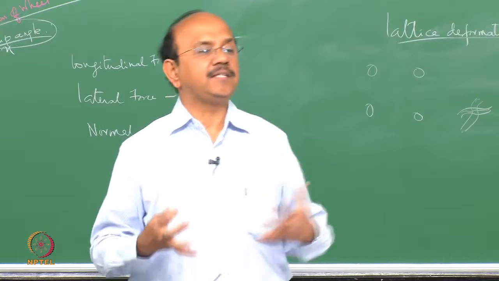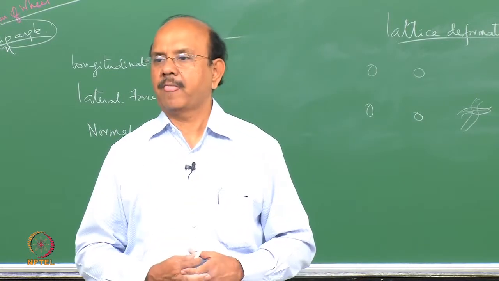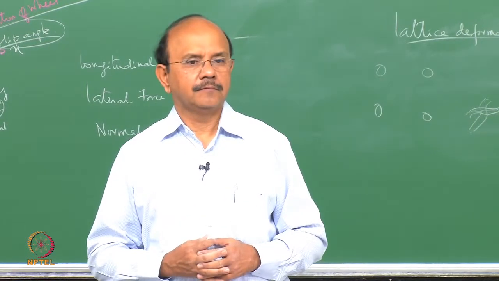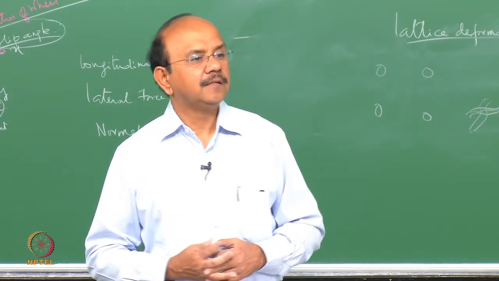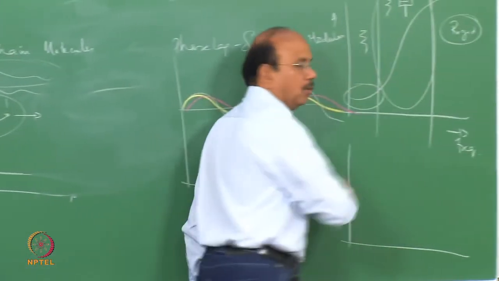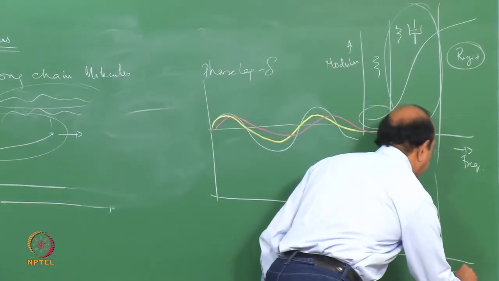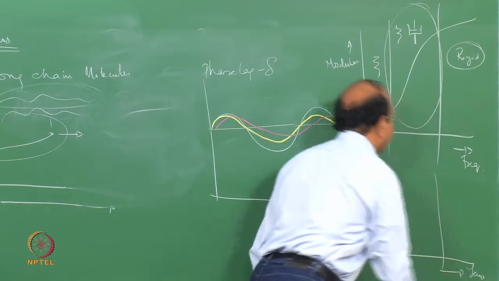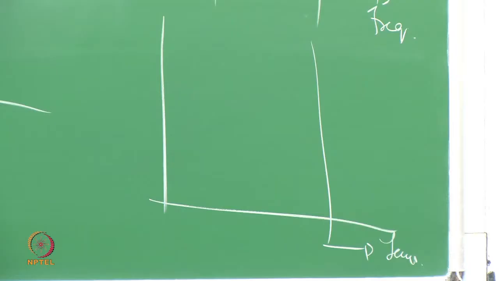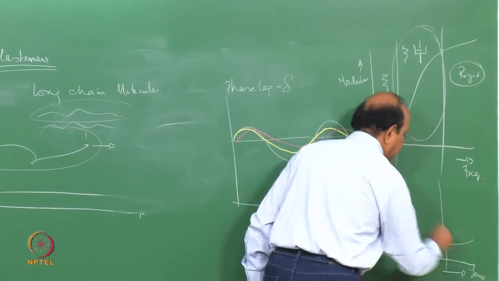It aids in the recovery of these molecules to their original shape, and hence it would behave as if you are at a low frequency. So if I now plot against temperature, at high temperatures, since it aids the molecules to recover, the modulus would be something like this.